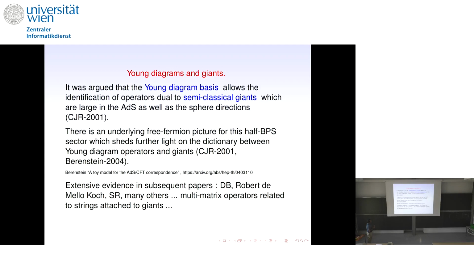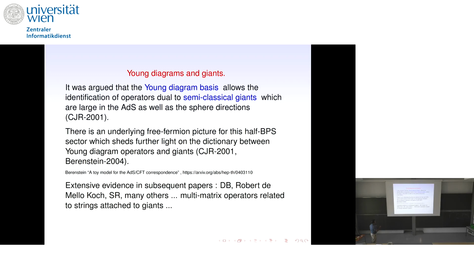So this Young diagram basis, this R was a Young diagram, allows the identification of operators, of dual operators, which are related to semi-classical giants. Basically, long rows are related to giants which are large in the AdS directions, and long columns to giants which are large in the S-sphere directions.